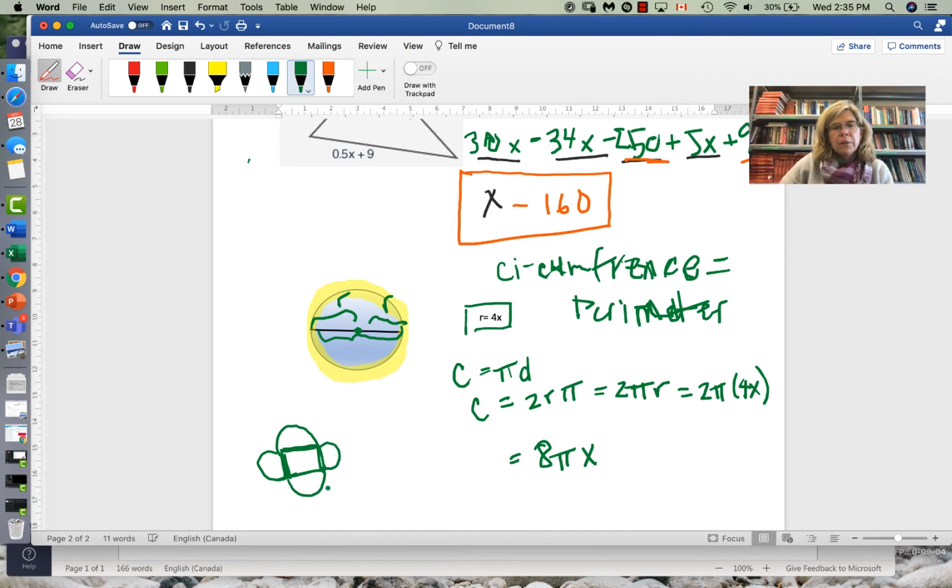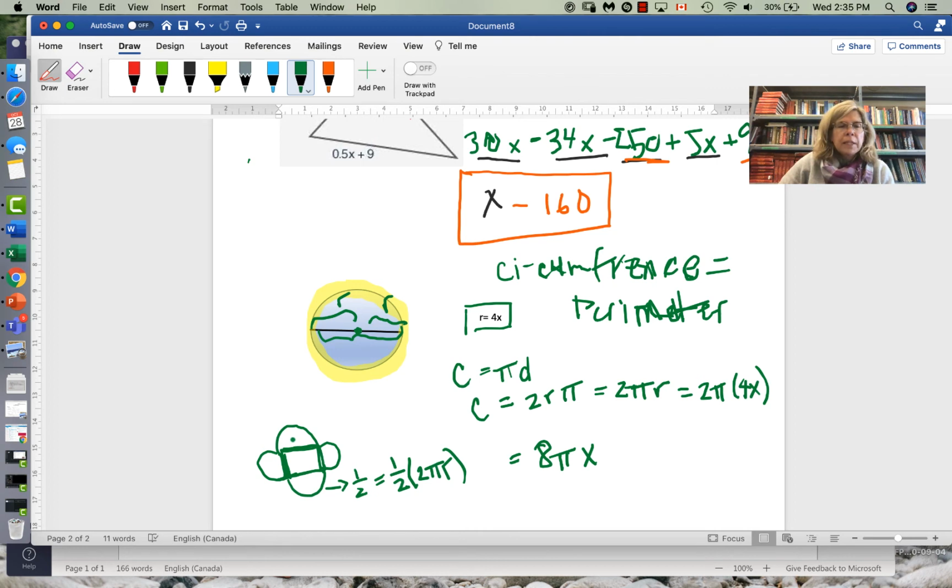So you just have to remember, if you have half a circle, that equals 1/2 of 2 pi r, or 1/2 of d times pi, so don't forget the pi.